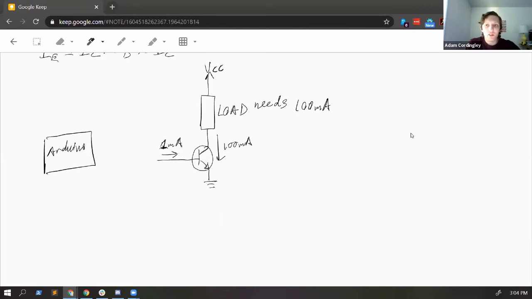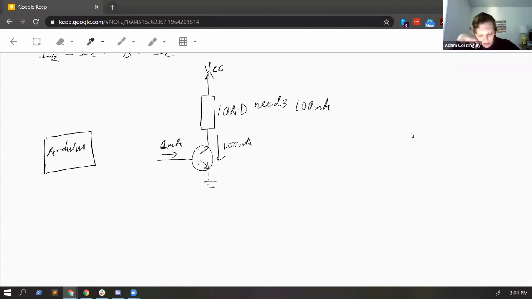What we want to do is really make sure that this BJT is turned on. We don't want to risk not giving it enough current. What if your beta is 80 instead of 100? It'll vary between different batches of transistors. So you've got to make sure that it's getting enough current.